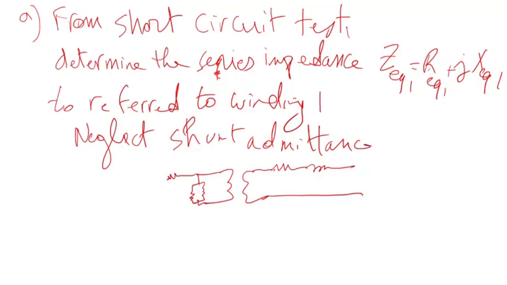Then you have a resistance, a reactance to the primary. But since in this case the shunt admittance, we're ignoring it. That's what this statement is saying. So that's question number 2.